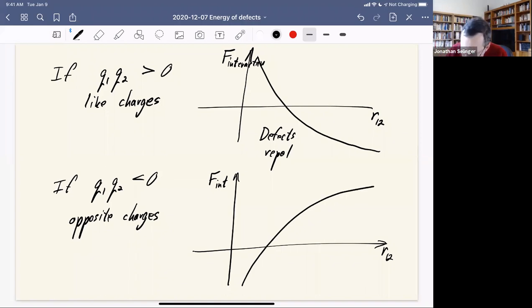So in this case, the defects attract. So, like charges repel, opposite charges attract. Have you ever seen something like that before? Sure, in Coulomb's law for electrical charges. So this is another case where there is actually an interesting analogy between these topological charges and electrical charges.